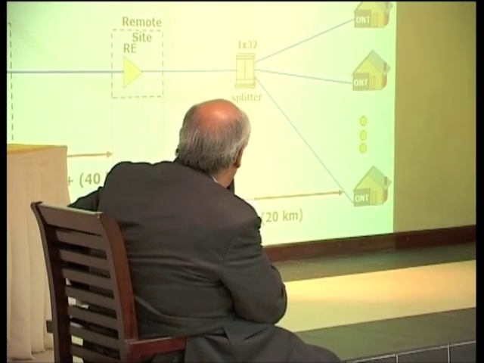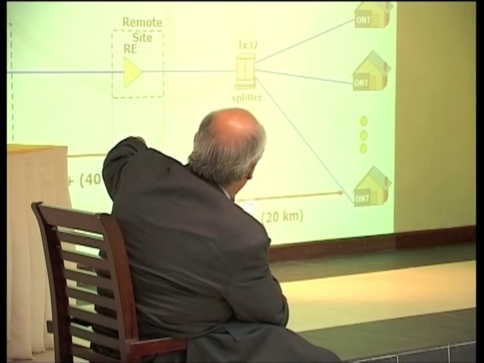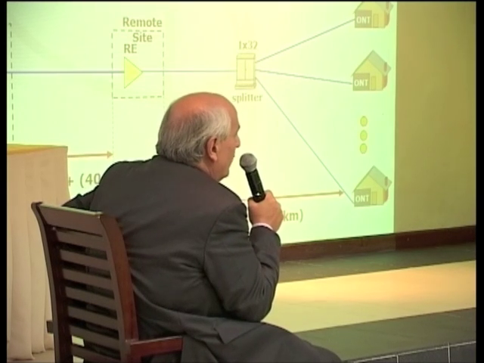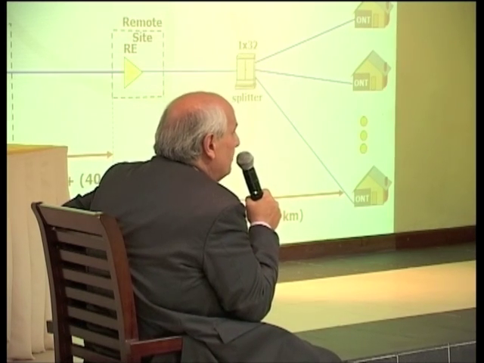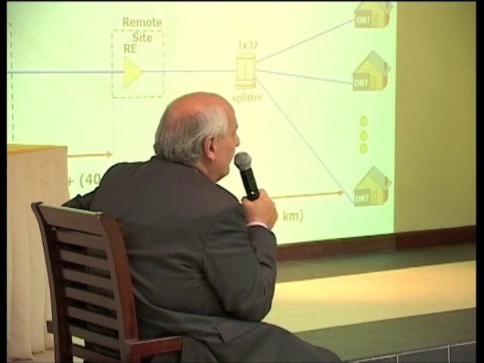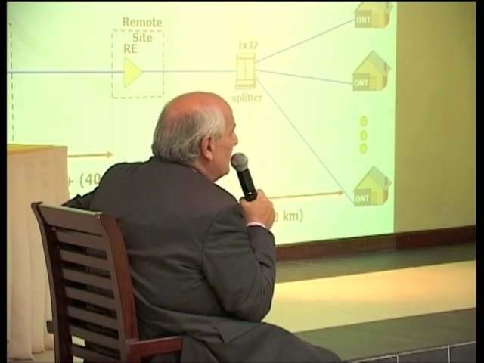As you can see, I start as usual from the OLT in the central office. I reach a remote site which needs to be powered, so I should have power feeding there. I have a receiver and I retransmit.